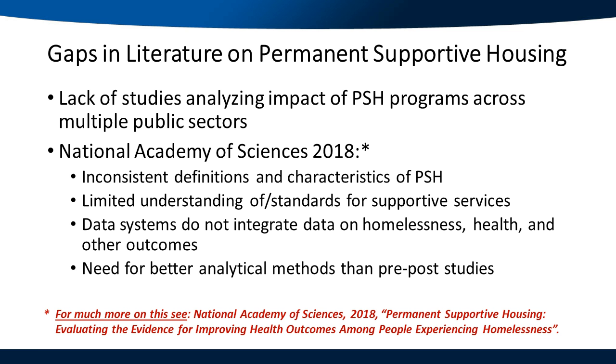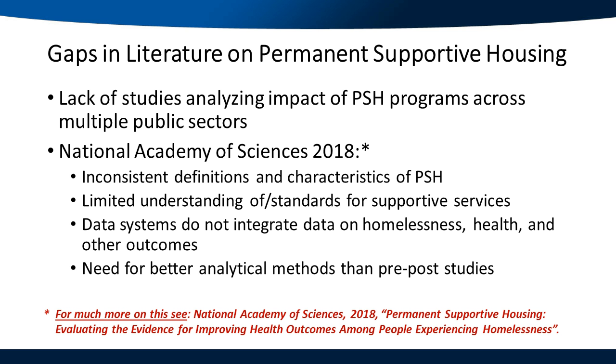There is plenty of evidence that permanent supportive housing is effective in keeping people housed, and that it also has positive impacts in some sectors, such as healthcare, for example, and improving the utilization of healthcare services. But at the same time, there are some gaps in the literature on the impact of permanent supportive housing. There are only a handful of studies that have analyzed the impact of permanent supportive housing programs across multiple public sectors.